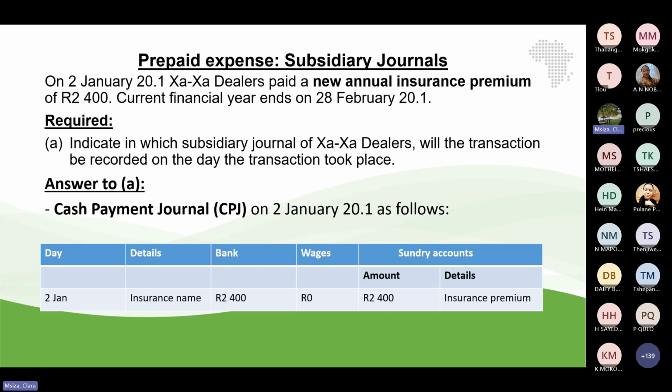So this is how the transaction will look. You're going to have your day, which is your date, your insurance name, the bank you're going to pay out 2.4, and this will be recorded under sundry accounts because we don't have a column for insurance premium. We're only going to put it in the bank. Happy?